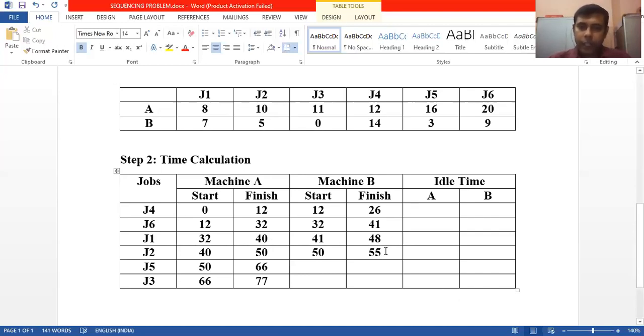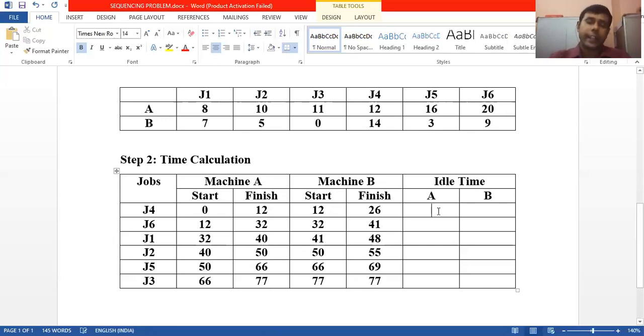It is ready at 55 hours, but job 5 is available only at 66 hours. So it will start at 66. So for job 5, 66 plus 3 is 69. Similarly, it is ready at 69, but job 3 is available only at 77 hours. So it will start at 77 hours and finish at 88 hours.